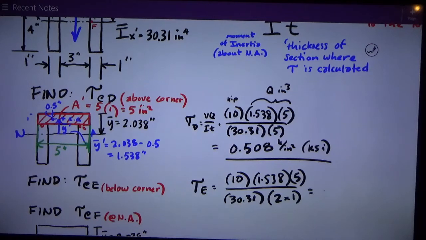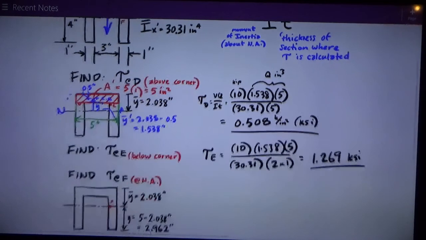So that makes the number work out to be 1.269 KSI. So that small little distance between D and E causes the shear stress to jump up quite a bit, because I have a much thinner section to transfer that shear stress at.